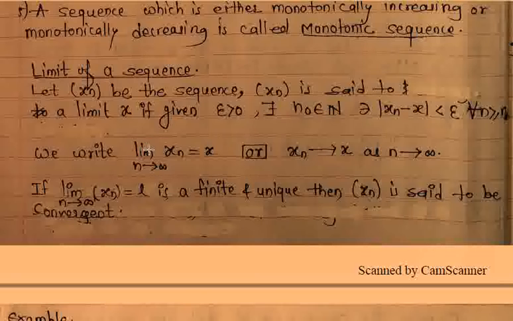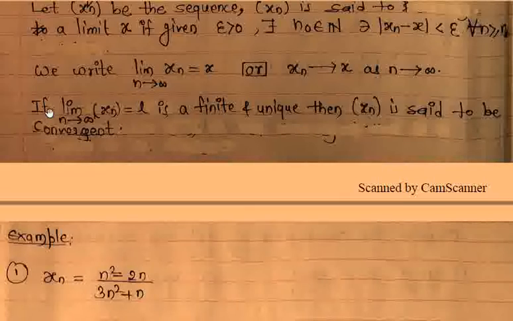You can write the limit as n approaches infinity of xn is equal to x, or xn approaches x as n tends to infinity. Now this is the same as this thing here. Now if the limit of xn is finite and unique, then xn is said to be convergent.